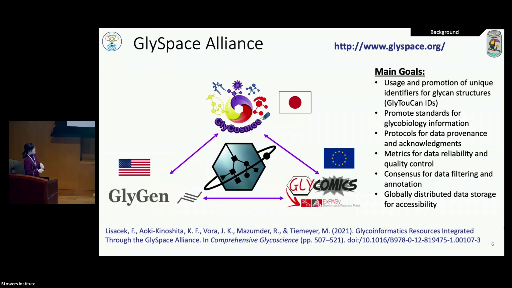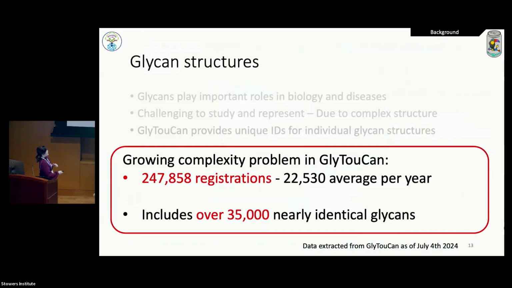There's a publication that describes what each of the partners do, and our main goals are to promote the usage of GlyTouCan IDs, promoting other standards for glycobiology information, protocols, metrics for data reliability and QC, and consensus for data filtering and annotation. And basically, if one of us goes away, we'll have some way to support each other and have globally distributed data storage.